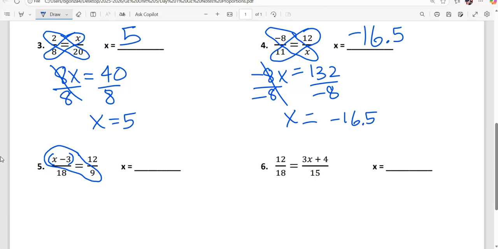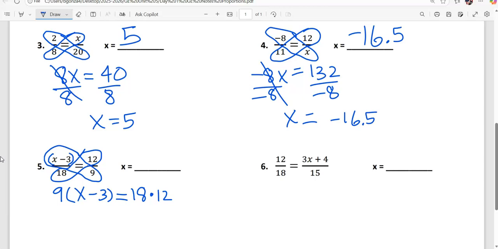You put the number by itself here, and then the parentheses goes after it. 9 times x minus 3 as a whole in parentheses. Always put the equals. And this cross multiply is 18 times 12.